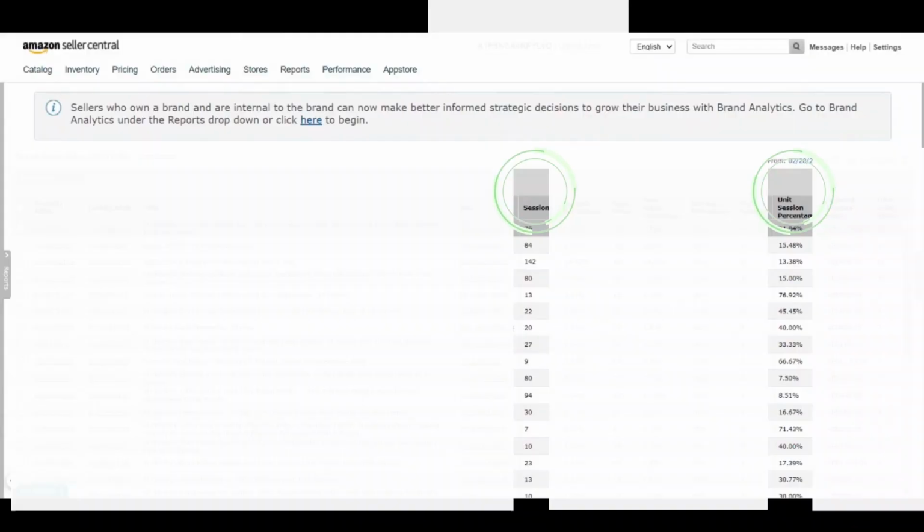And one of the most important things that you need to be checking on a daily basis is inside your business reports, your sessions, and your conversion rate. So your sessions actually explain to you the traffic that is currently logging into your listing, and your conversion rate explains to you exactly how many people are converting and are purchasing your product.